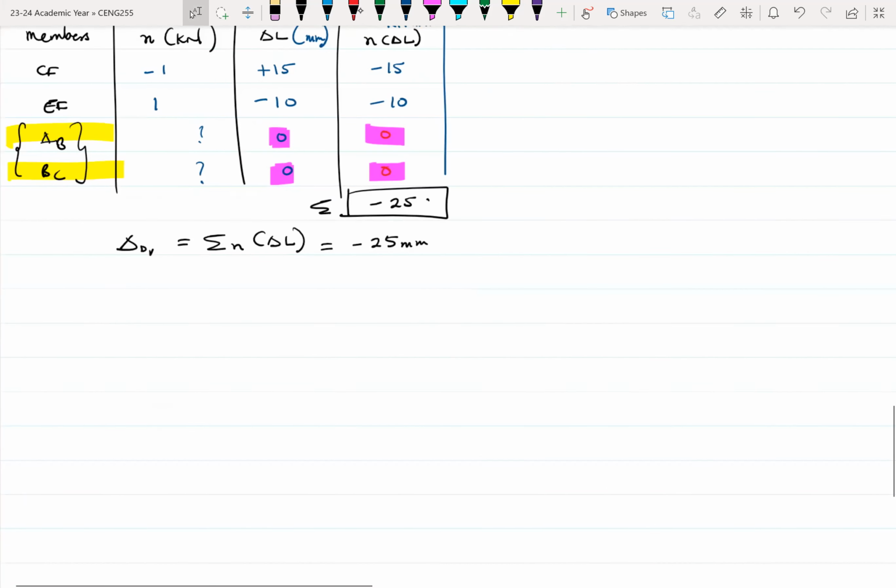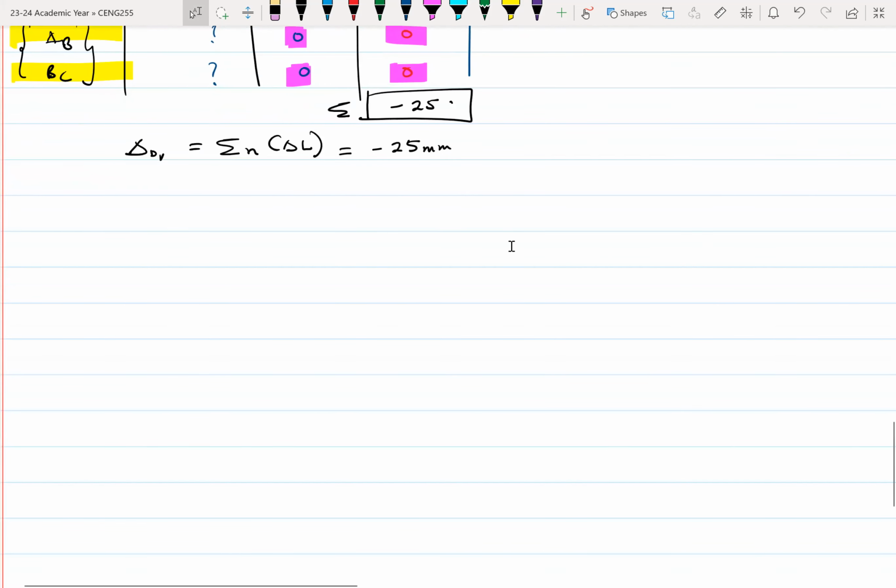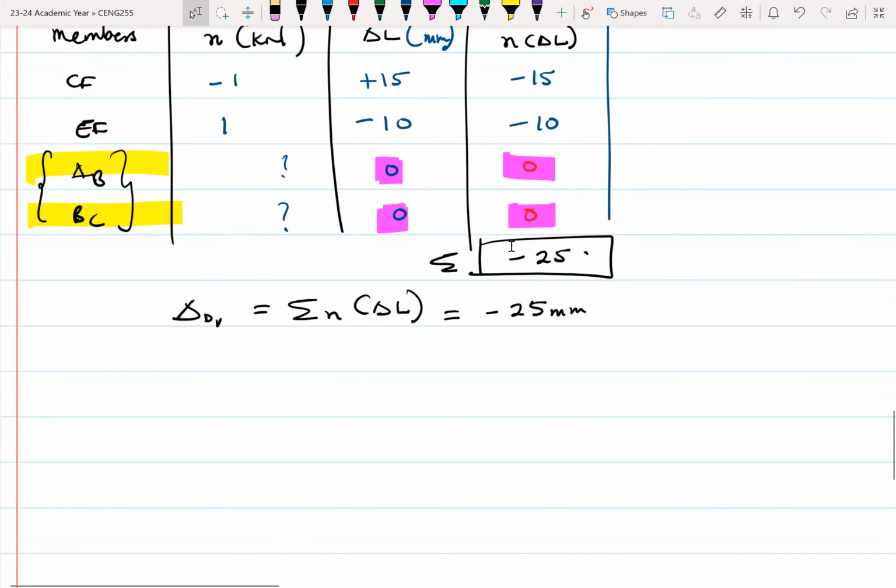All right, so this is where we were. Here we got negative 25 millimeters, which is fine. What this simply means is that the direction we chose our displacement to be in should, in reality, be the opposite.